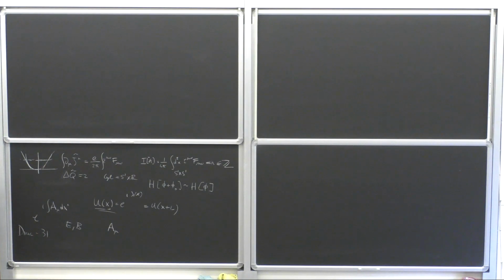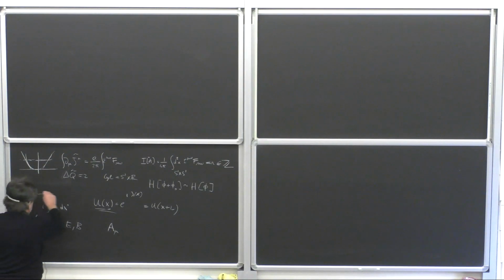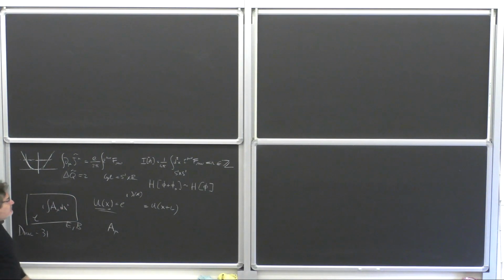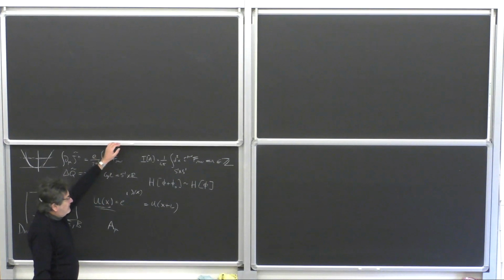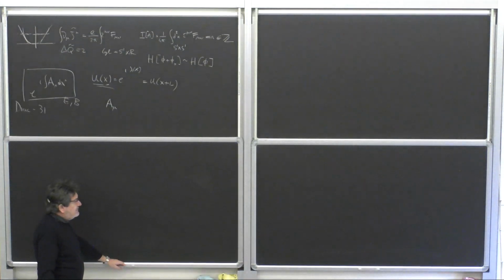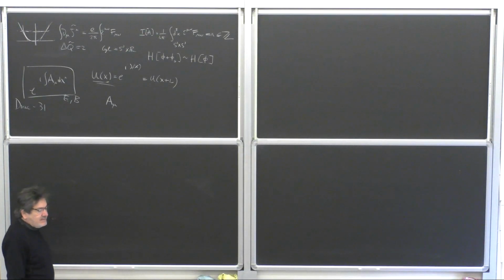Now we are going to discuss more the consequence of this, and to discuss the monopole field in a different geometry, which is the sphere, so that we see better this fact that there is a quantization.